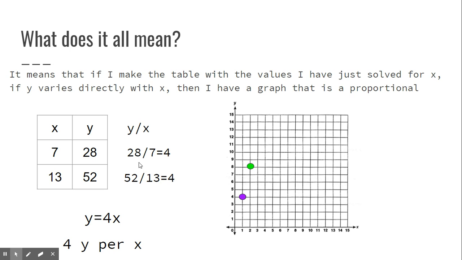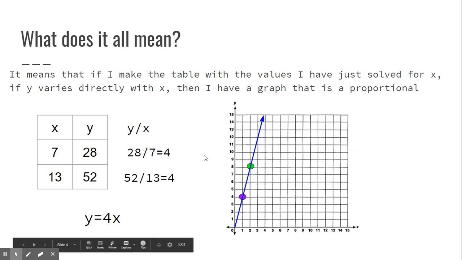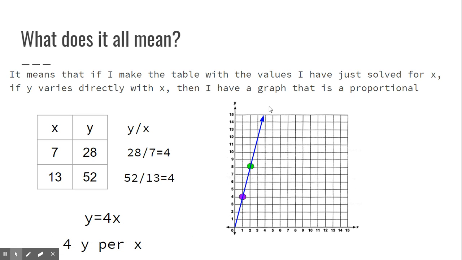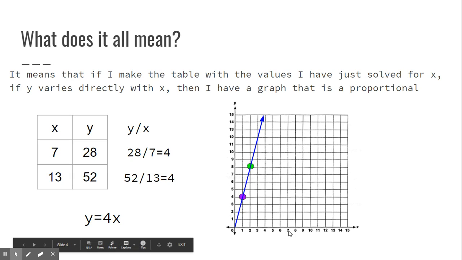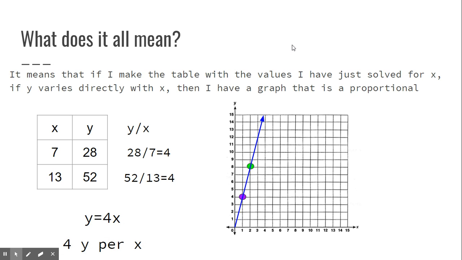So when I draw this line, this graph is the same thing as this table. It actually includes the points. This means that if my line continues on and on forever, by the time I get to 7, I'm going to end up all the way up here at 28.